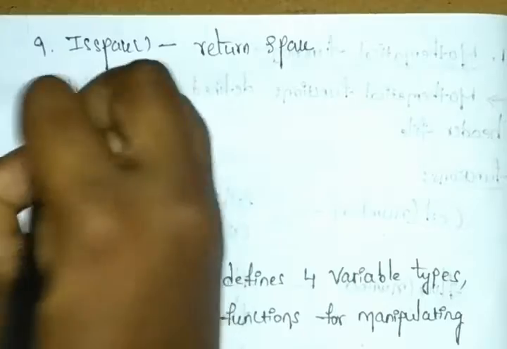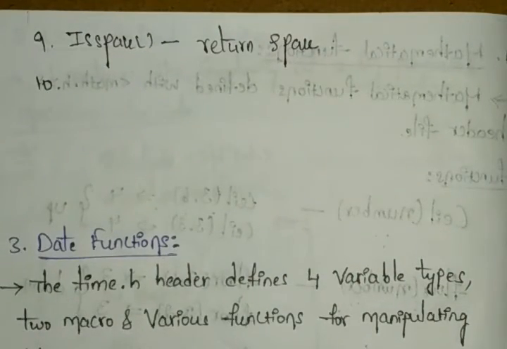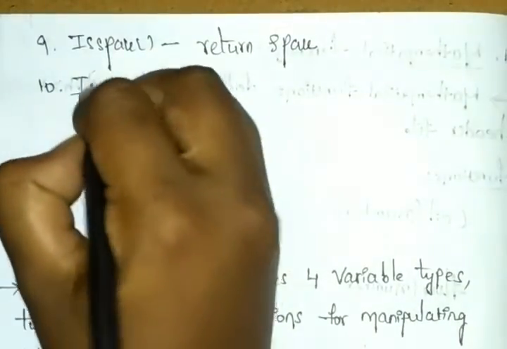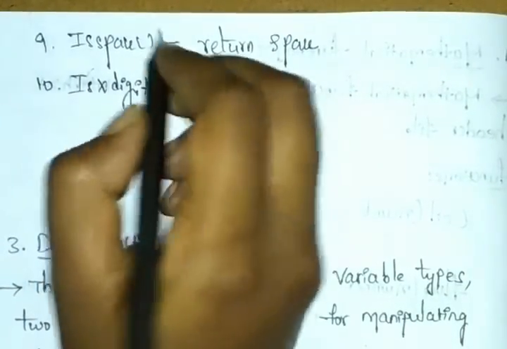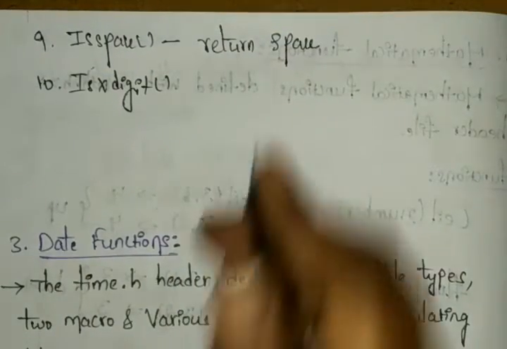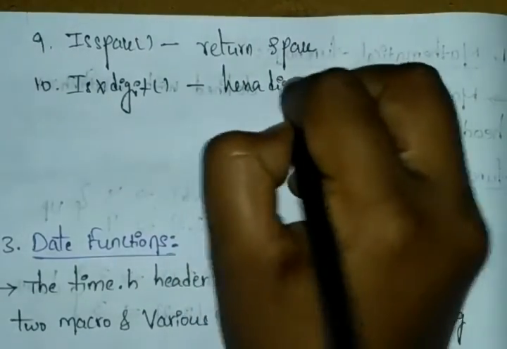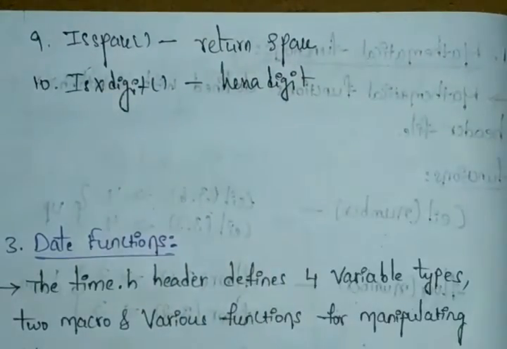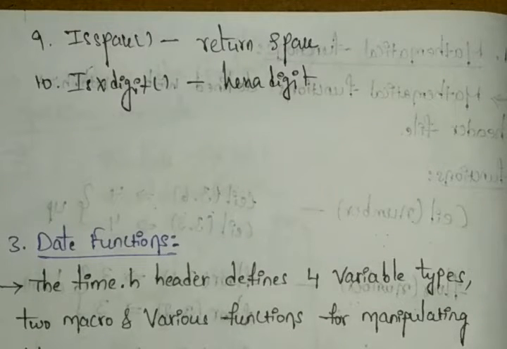And next you will have isXDigit. In this function, it returns non-zero if the entered input is hexadecimal. Hexadecimal means we have hexadecimal values, right?